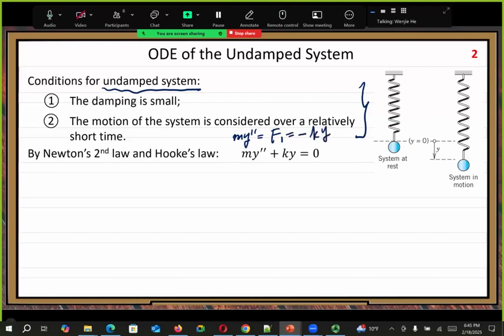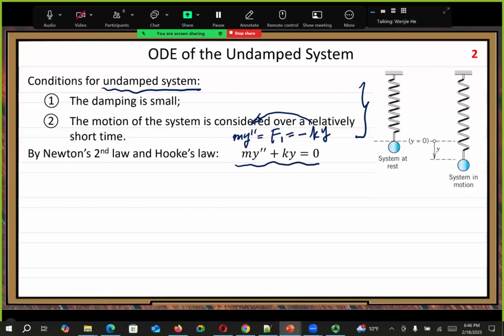Then you move this term to the left-hand side, so you get a very simple second order linear homogeneous ODE with constant coefficients. So that's the type of equation we have here. Very simple.